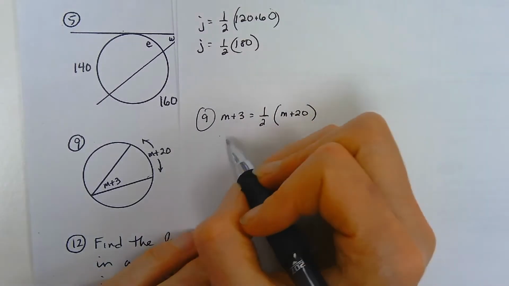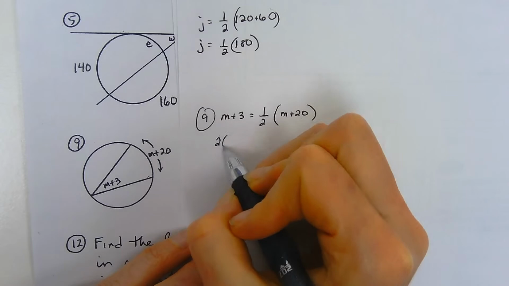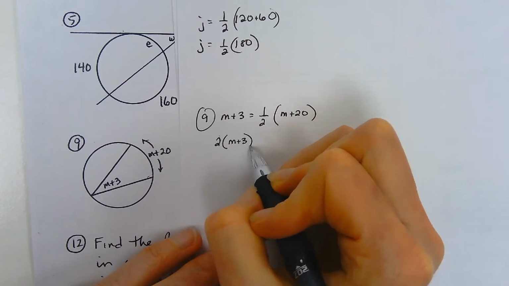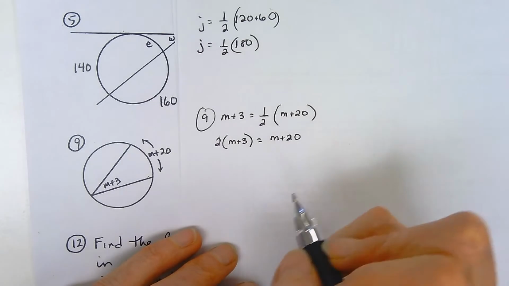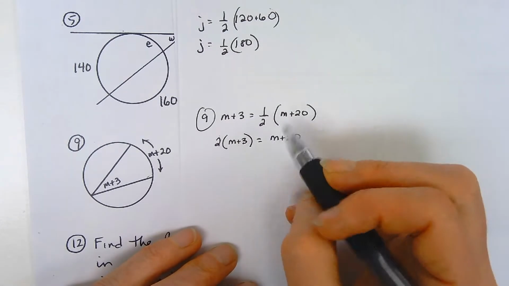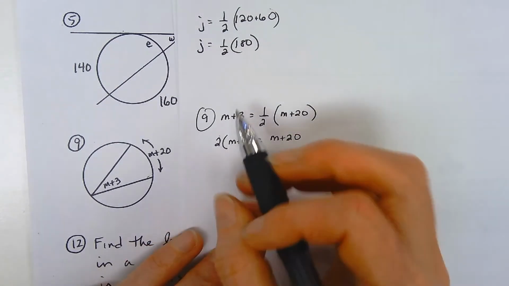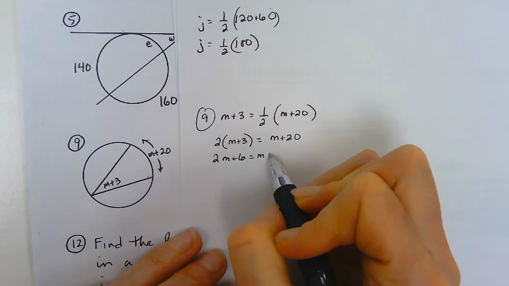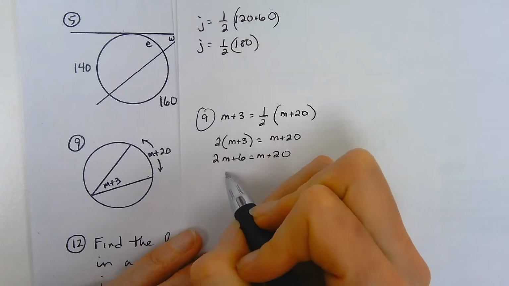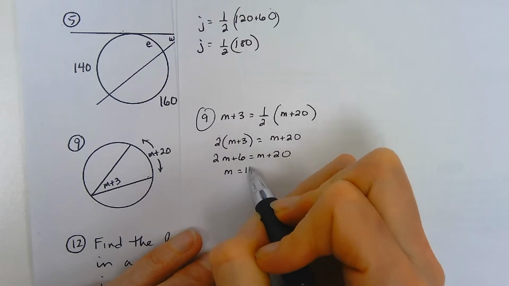I'll multiply both sides by 2. That's 2 times m plus 3, the quantity, equal to m plus 20. Multiplying both sides by 2 to clear the fraction. Distributing the 2 gives 2m plus 6 equal to m plus 20. Solving for m gives m equals 14.